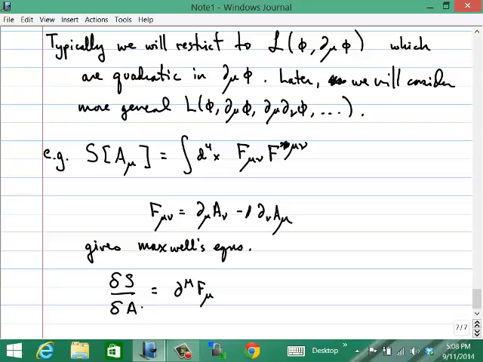So here I'll make my indices consistent. So nu is my free index. So that gives half of Maxwell's equations, and the other half of Maxwell's equations follow automatically from this equation here. And that's something that you will show in this week's problem set.